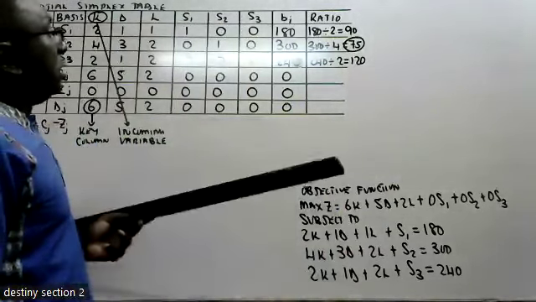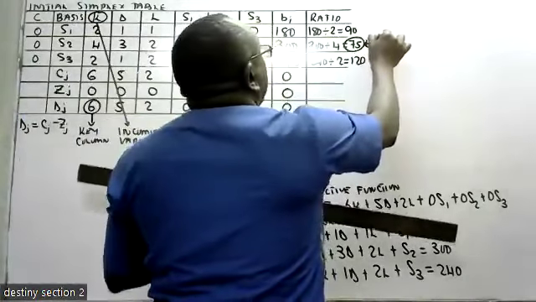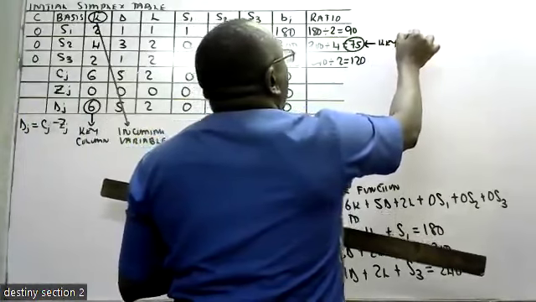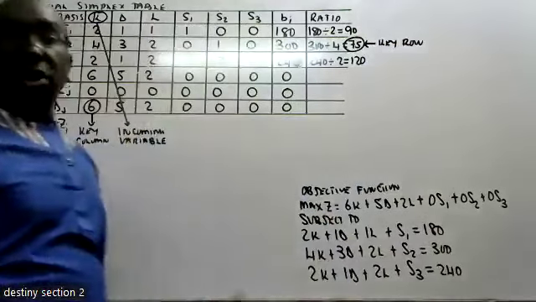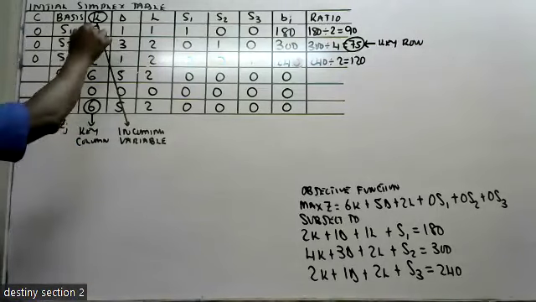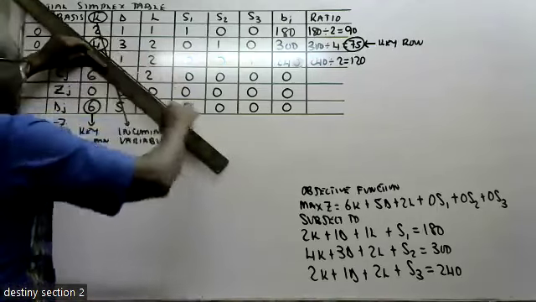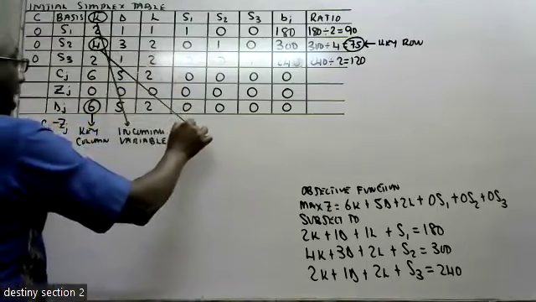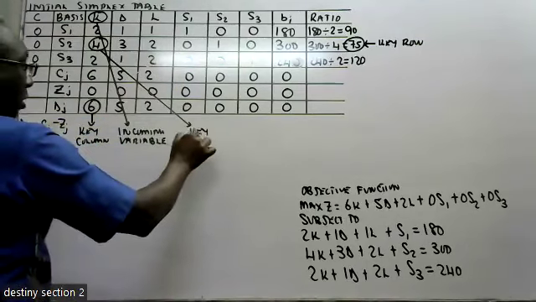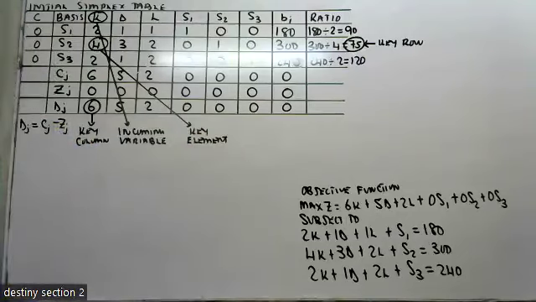Where you have found the smallest, this is called the key row. The item at the intersection of the key row and the key column is called the key element.